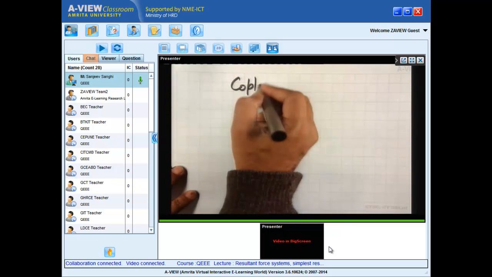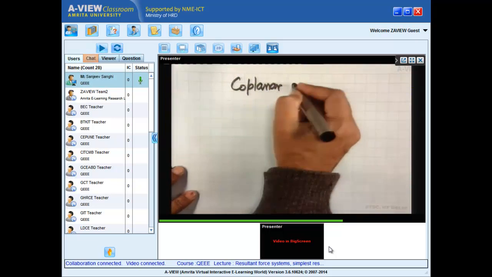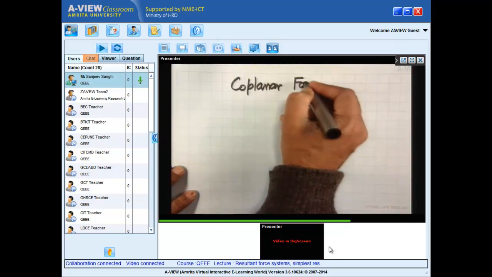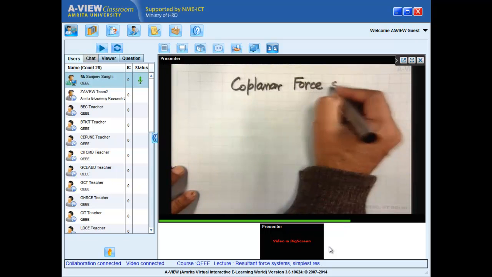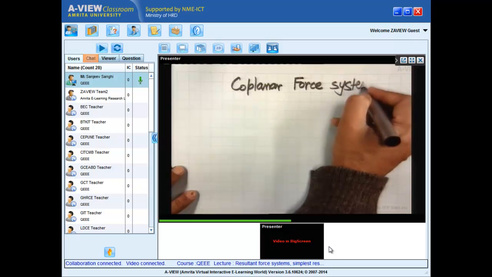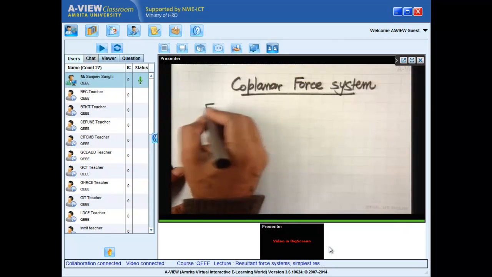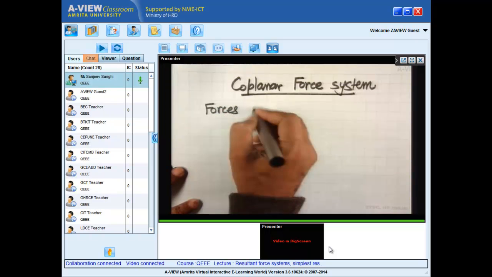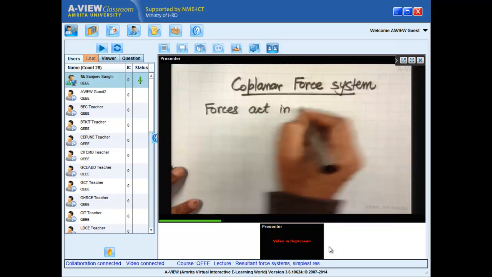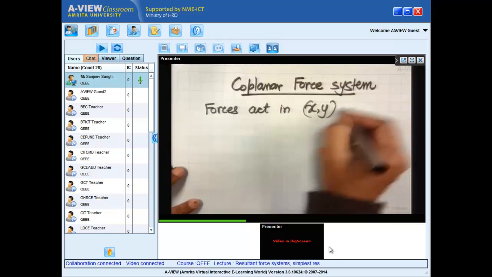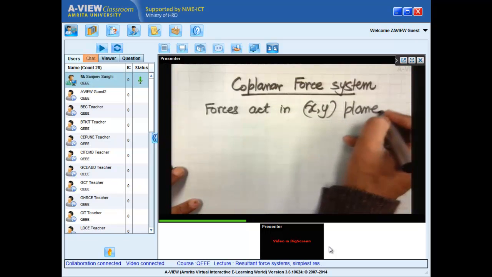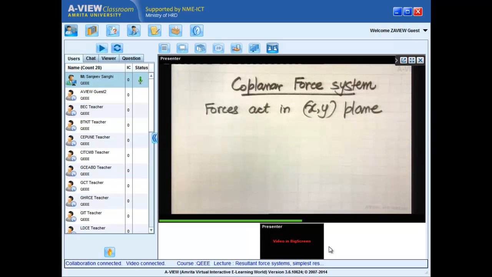So now, since questions have not come, let me move on to what we call two special systems. The first system we'll talk of is a coplanar force system. In a coplanar force system, forces on the body are acting in the XY plane.